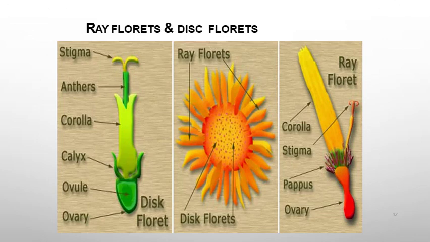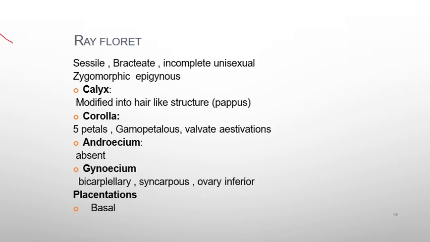This is a colorful image that indicates the same two different types of flower in the capitulum that are heterogamous in nature. One is the disc floret, the other is the ray floret.